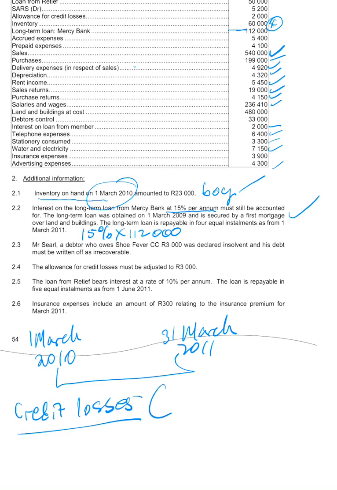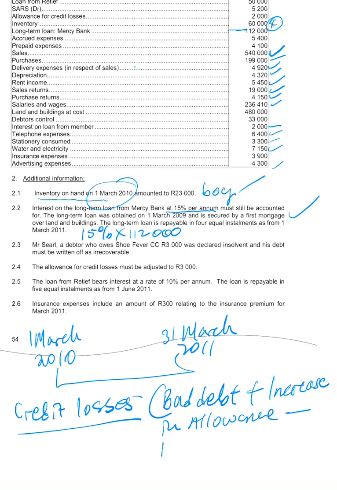And for credit losses as a line item in the profit and loss account, you'll be having a bad debt like what we have there, plus an increase in allowance, less a decrease in allowance. Right, so an increase in allowance is when the allowance for credit losses increases, and a decrease is when the allowance for credit losses has decreased.